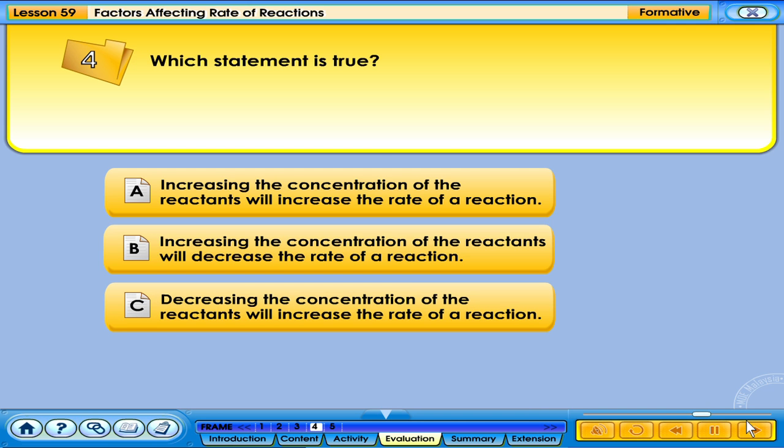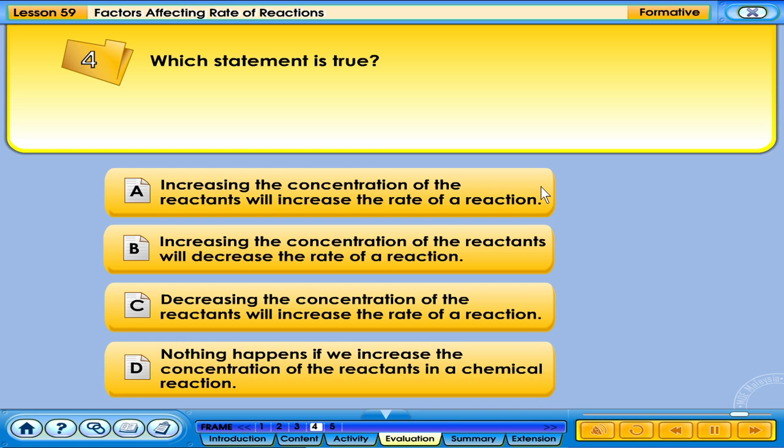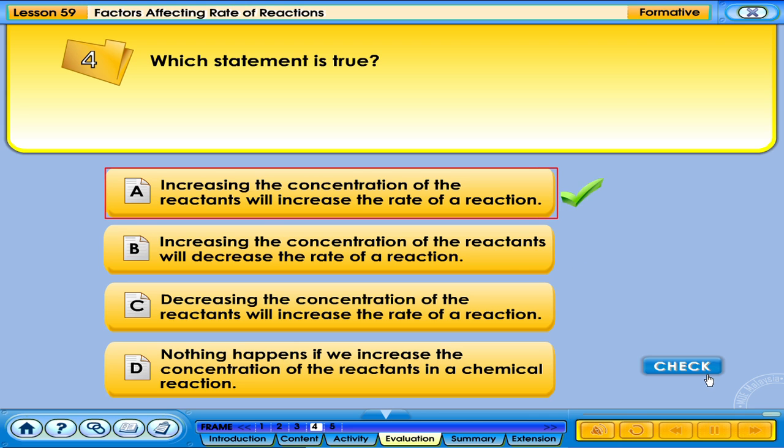C. Decreasing the concentration of the reactants will increase the rate of a reaction. D. Nothing happens if we increase the concentration of the reactants in a chemical reaction. Your answer is correct.